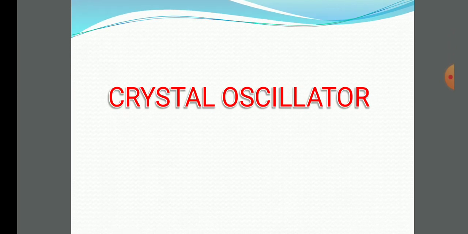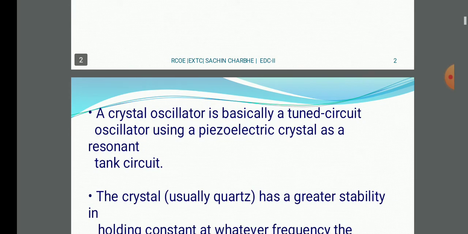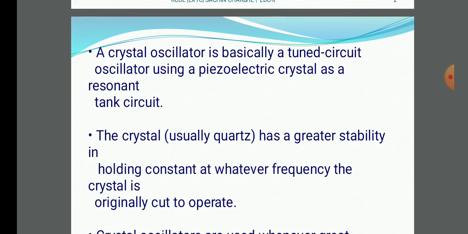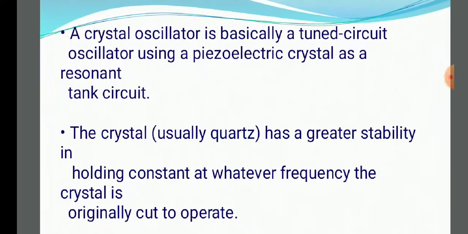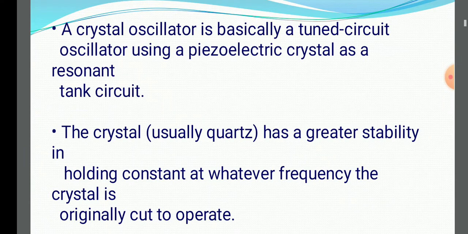A crystal oscillator is a combination of R, L and C: resistance, capacitance, and inductance. A crystal oscillator is basically a tuned circuit oscillator using a piezoelectric crystal as a resonant tank circuit.